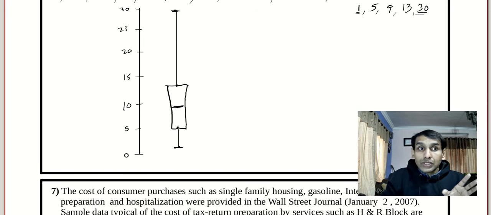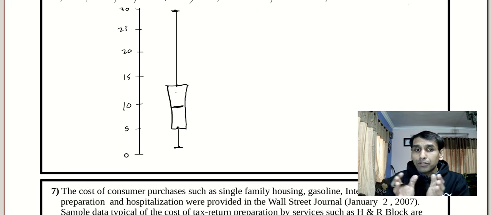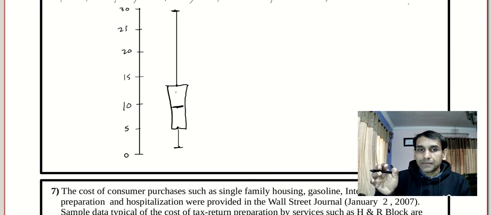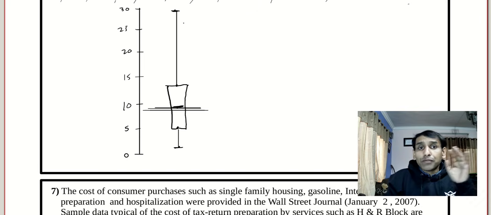Now, suppose I tell you the reverse question. Suppose they give you a box plot and ask you to interpret. Imagine we are talking about the number of minutes that you wait for a bus. By looking at this, I can understand that 50% of the people had to wait less than 9 minutes. And almost everyone got a bus within 30 minutes.